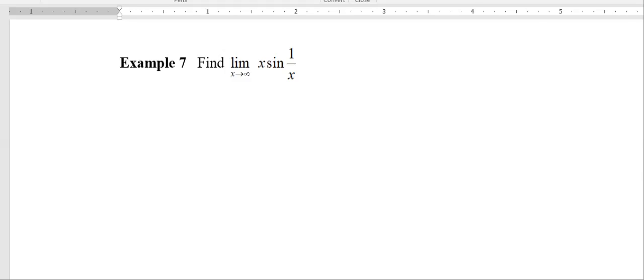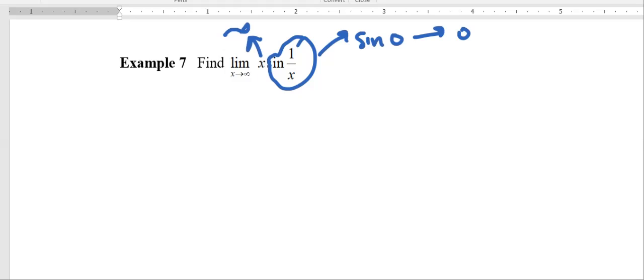Okay, let's check this one out here. This is their example. So we've got the sine function here, and that thing's going to the sine of 0, which means it's heading to 0. However, this factor is heading out to infinity.